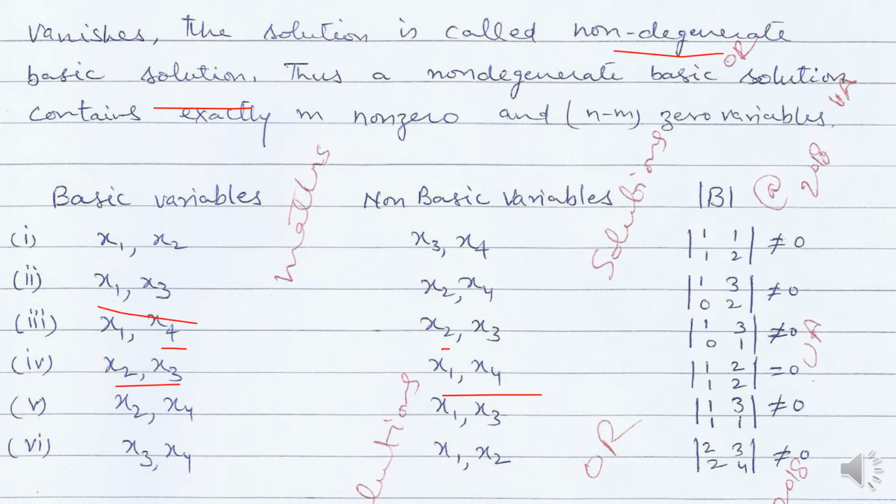Similarly we see the x1, x3 case, so we take it here in B. So these are basic variables, so they are non-zero. If they are non-zero, they are basic solutions. So the determinants are not equal to 0, so they are basic feasible solutions. Now whether they are degenerate or non-degenerate, that we will see in the next slide.